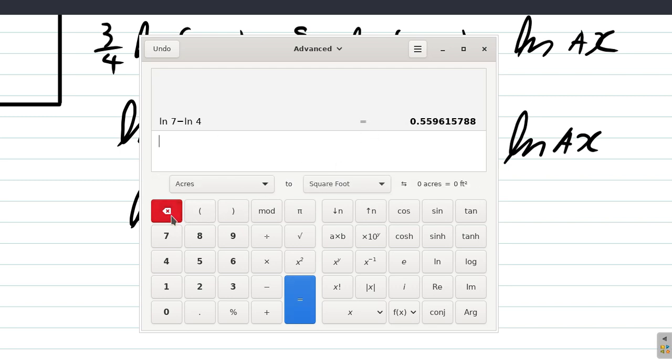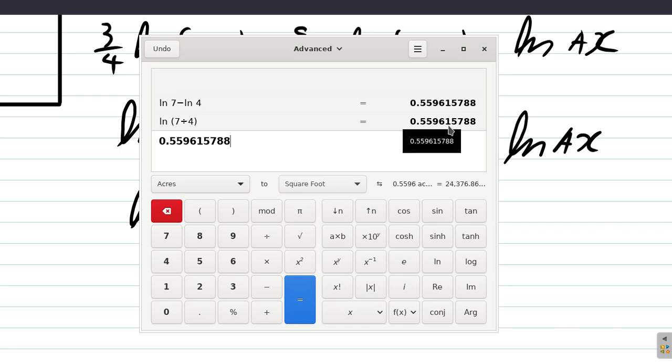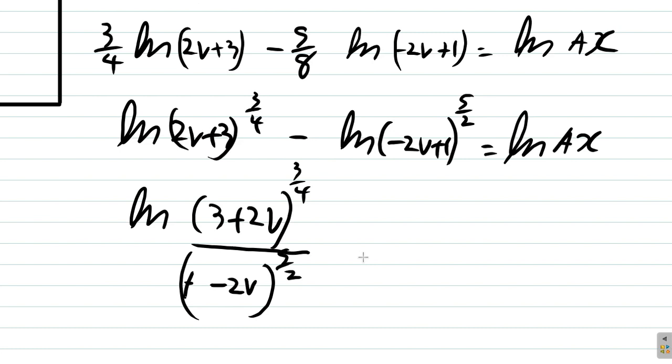Now suppose you find ln, open bracket, 7 over 4, close bracket, equal, right? Give you the same thing. So ln x minus ln y is the same as ln x over y. You have to remember these rules of indices, right? And then we say equal ln ax.